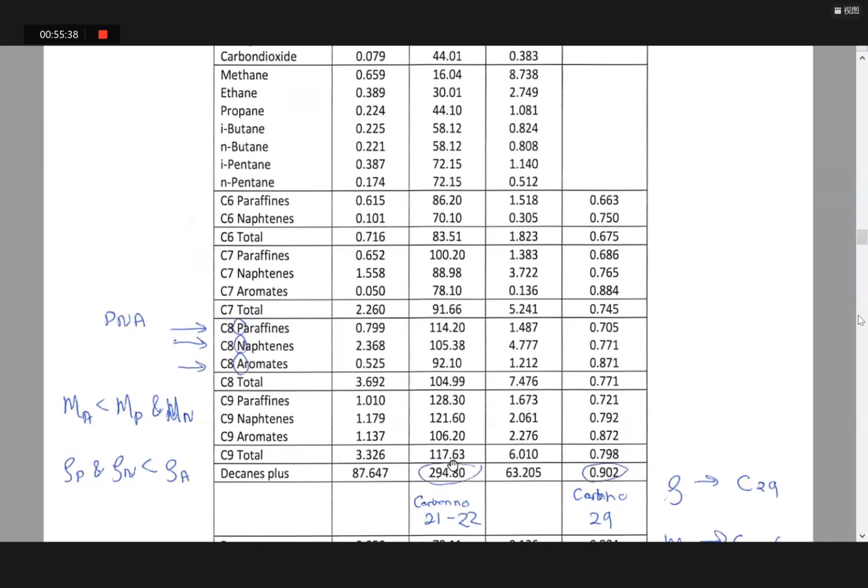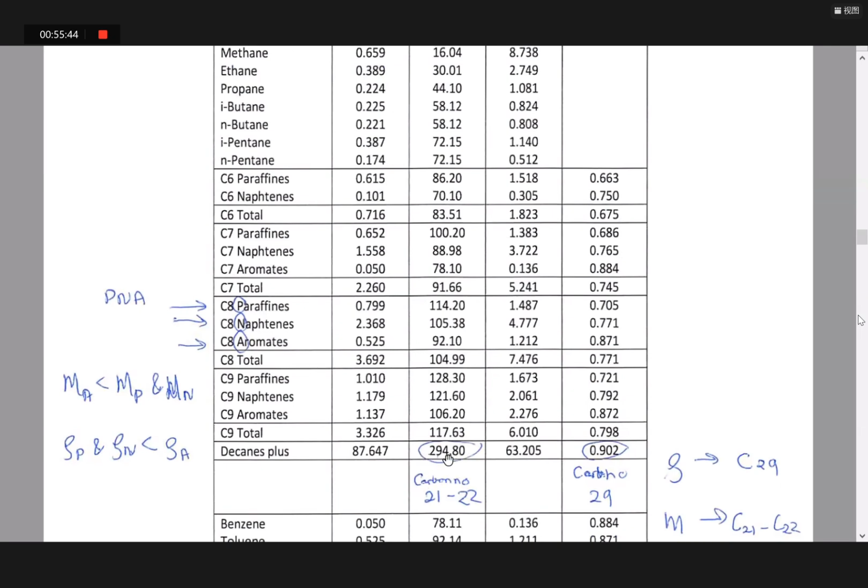And we see that for the decane plus, I have a molecule weight close to 295, and that represents the carbon number of 21 to 22. I have a density of the C10 plus of 0.9, and that represents the carbon number of 29.